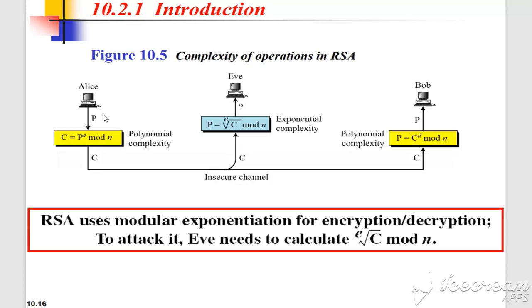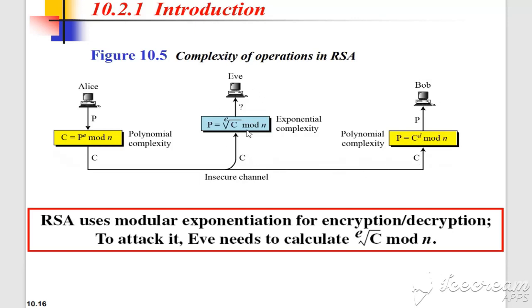Alice will encrypt the message, a plain text P, with the help of that public key, and get the cipher text. After that the cipher text is sent to Bob through an insecure channel, through the internet. By using the private key D, he will get the plain text. So through this asymmetric key cryptography they can communicate.